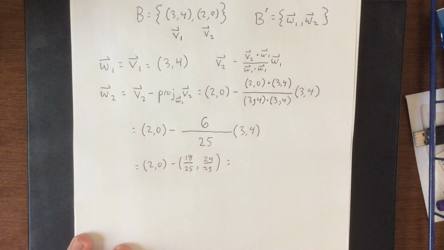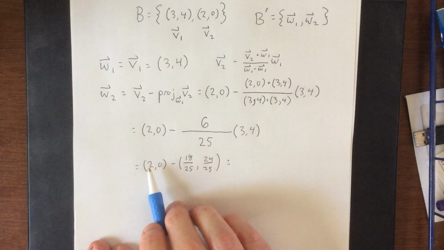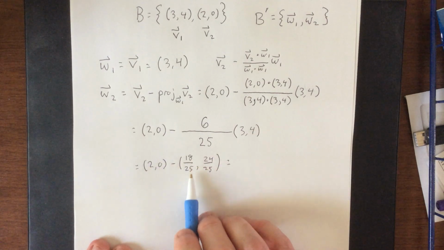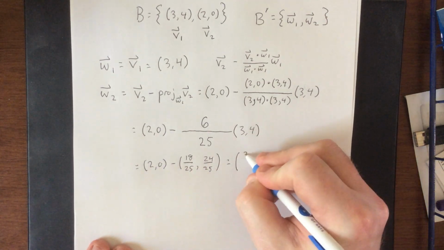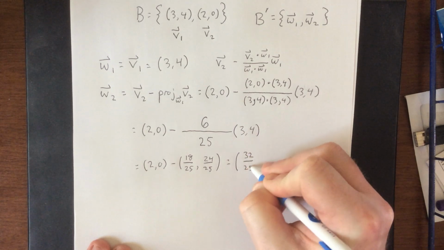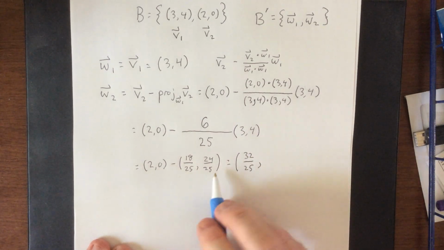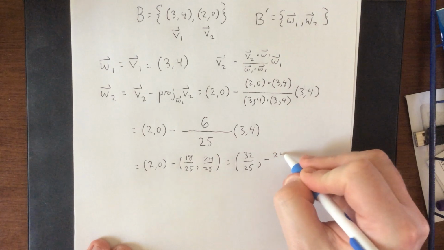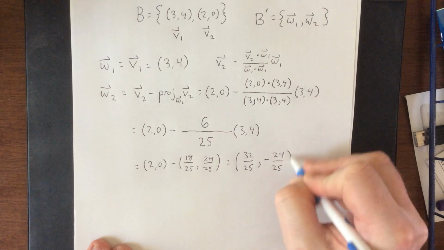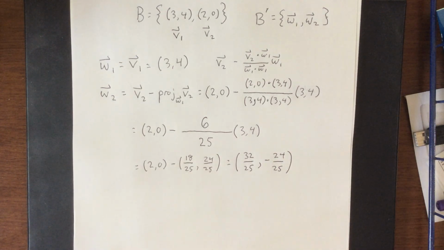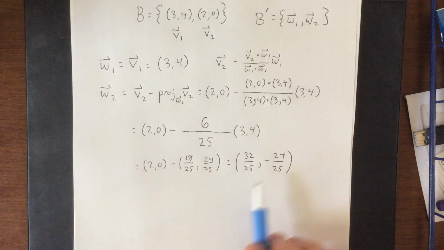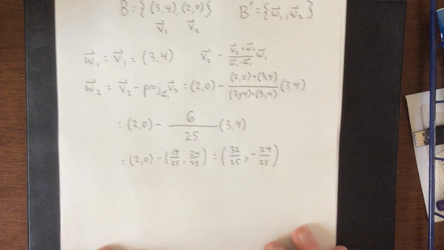Now if we were to get a common denominator, of course, this would be 50/25ths minus 18/25ths. That'll be 32/25ths. 0 minus 24/25ths won't take too much time or effort. Now, for the sake of simplicity, what you might do is, at this point, consider taking out a common factor to the two components.